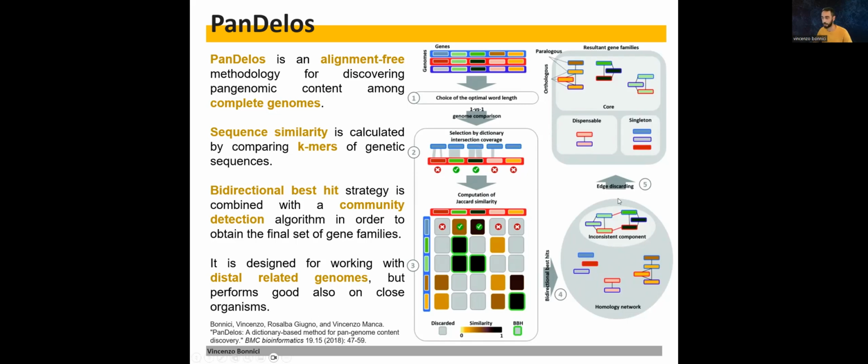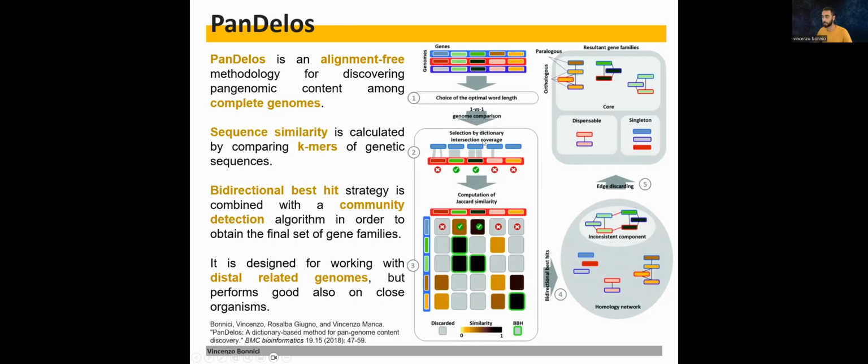So this is the main figure that represents the entire pipeline, starting from annotated genomes. We can use whichever tool we want to annotate the genome. Once we have the set of genes, we can start with the pipeline. Initially, there is the choice of the optimal value k, namely the word length.